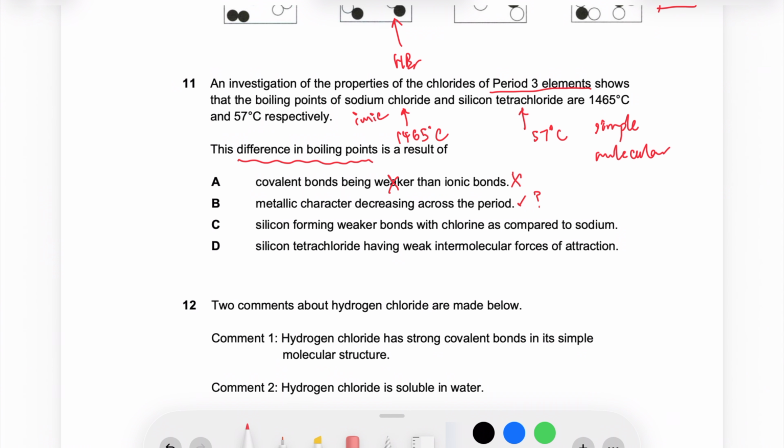So I just put a question mark first. Silicon forms weaker bonds with chloride. Have weak intermolecular forces. I think the best answer should be this. Yeah, C just doesn't make sense at all. Okay, so answer would be D. That's the best answer.